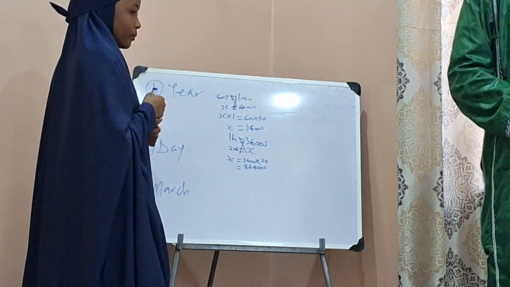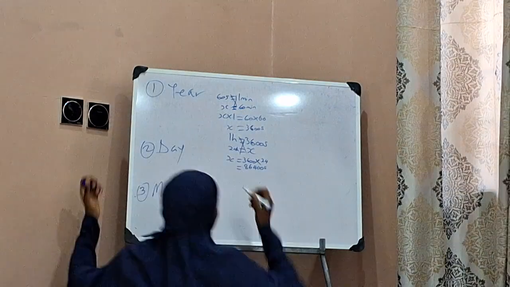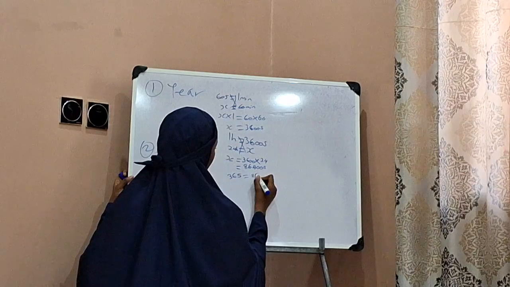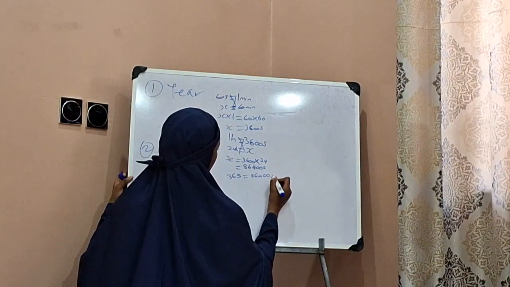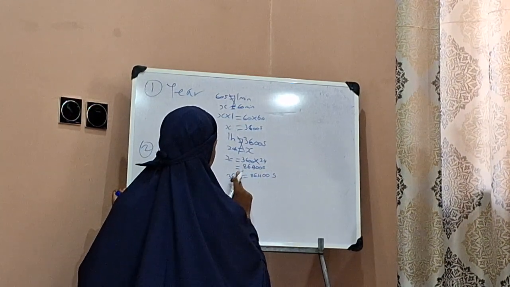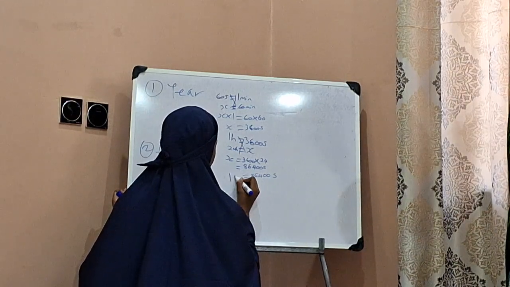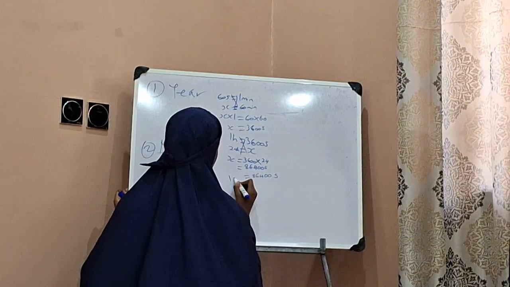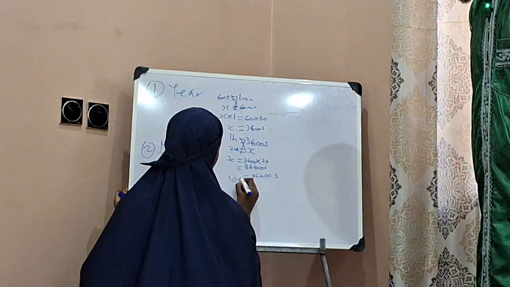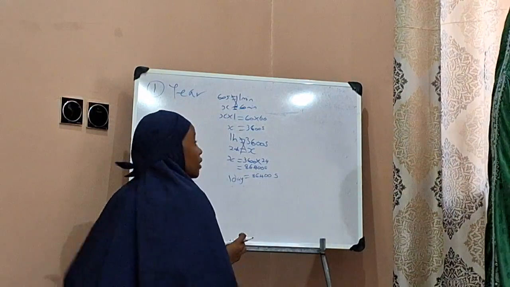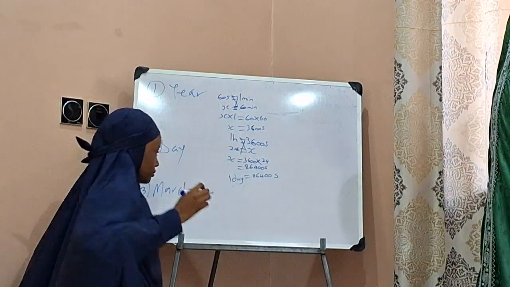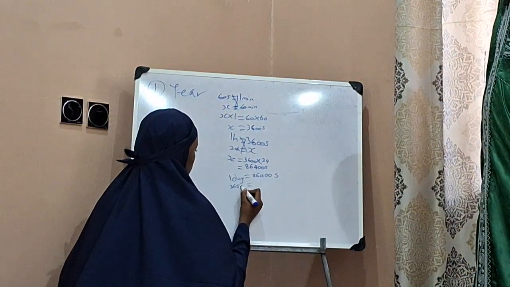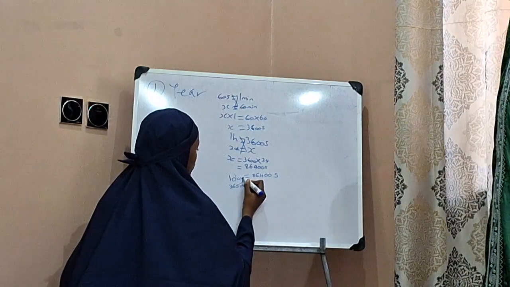Now in 1 year, there are 365 days. This is in one day, yes, 1 day contains 86400 seconds. In 1 year, 365 days, how many seconds are there?